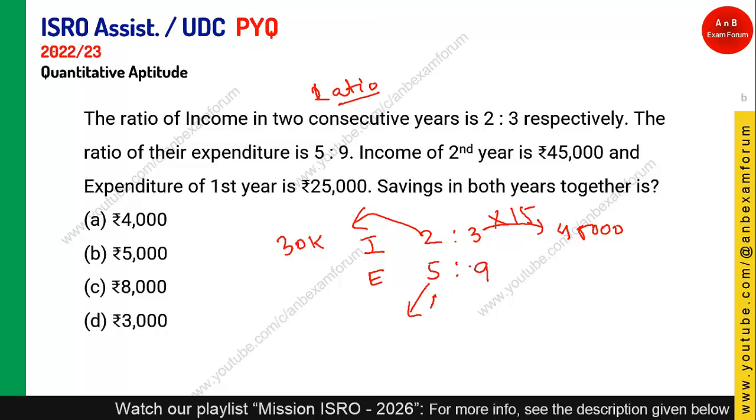So it is 30,000 minus 25,000, and if you make the subtraction, it becomes 5,000. Understood? So the answer for this question is 5,000.